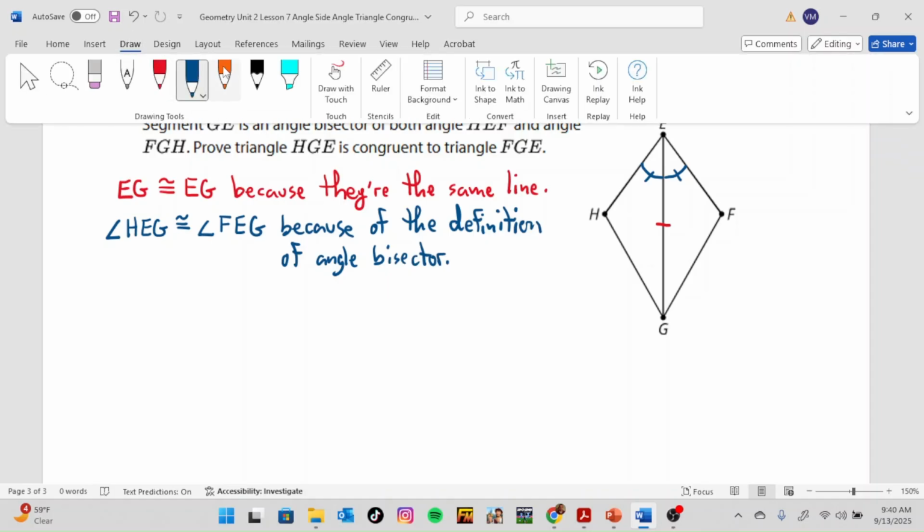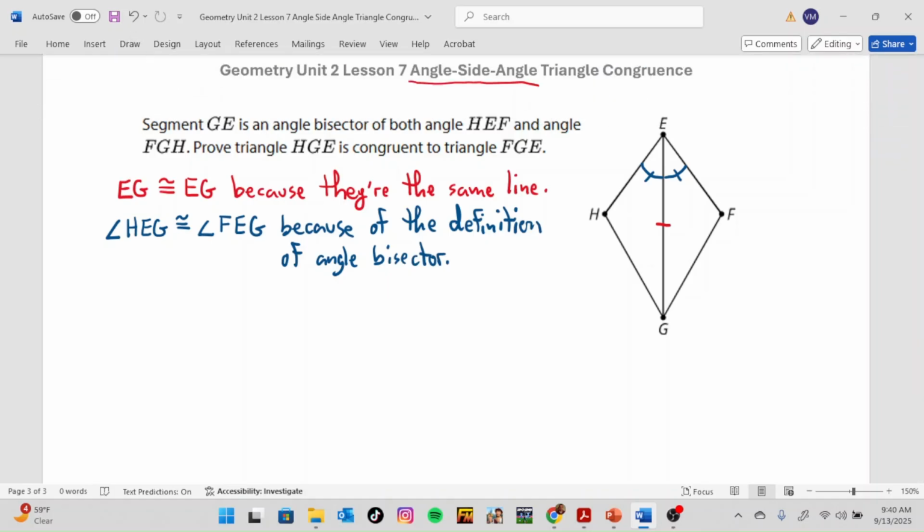Now we need one more angle. And specifically, we need it to be the angle on the other end of the side that we have.